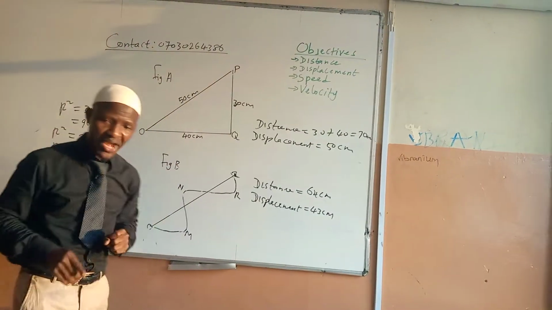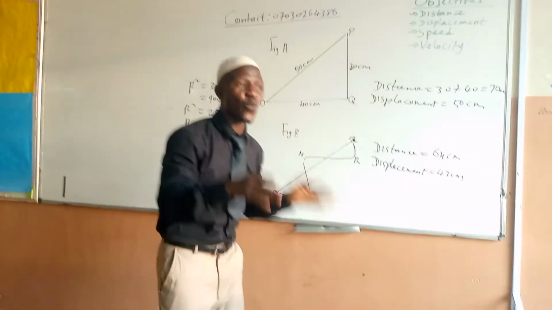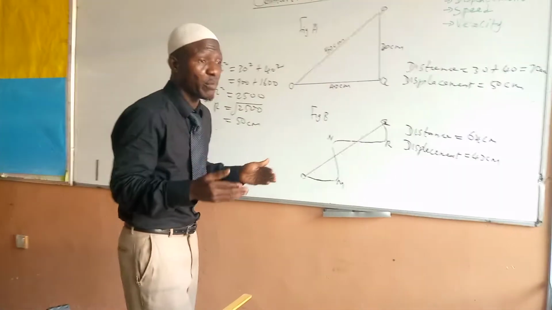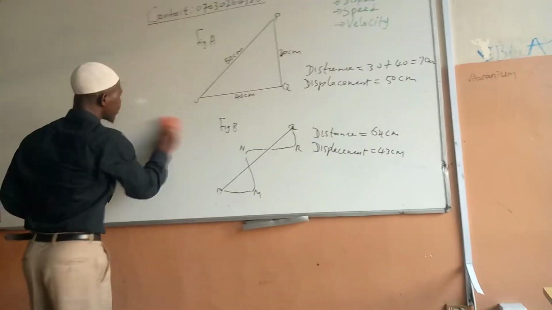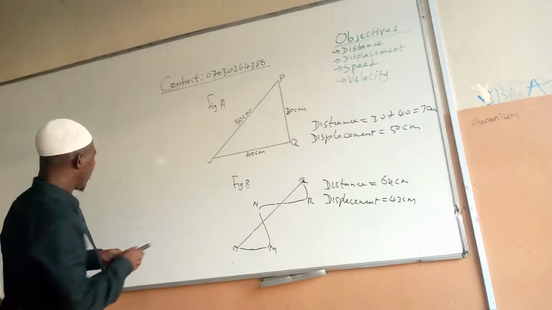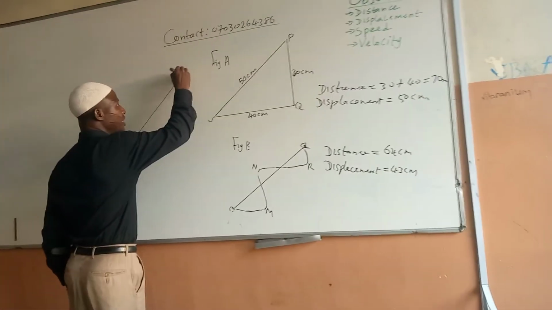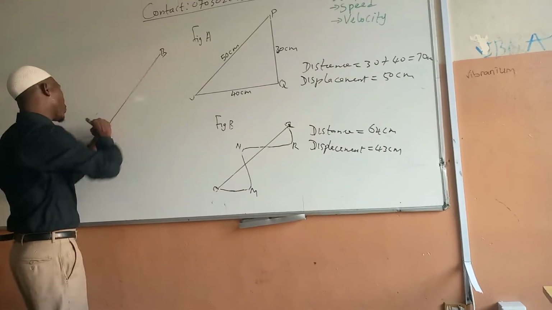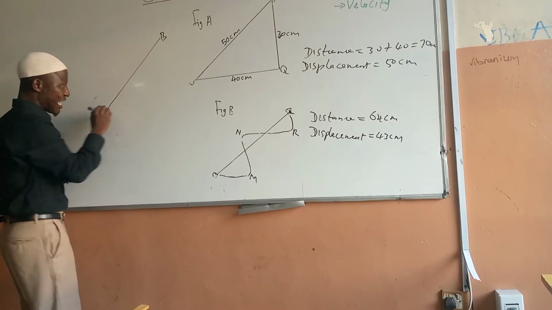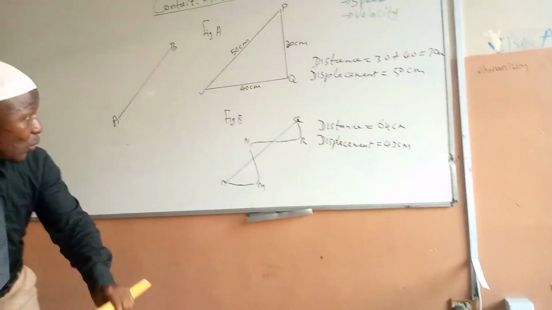Then the second one is this. Do you know that somebody can move and cover certain distance where his or her displacement will be 0? For instance, let's say you have somebody starting the journey from point A like this to point B. After getting to point B, the person returns back to point A. Therefore, the distance covered by that person will give you this.